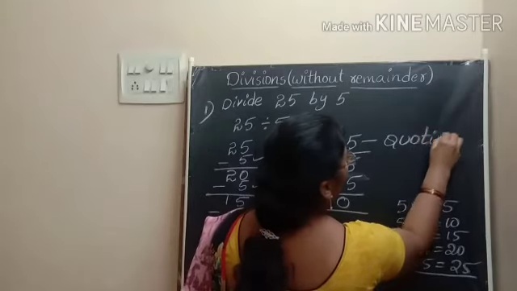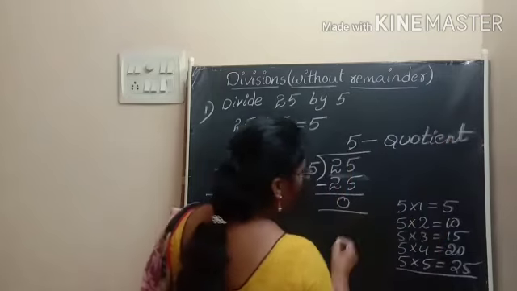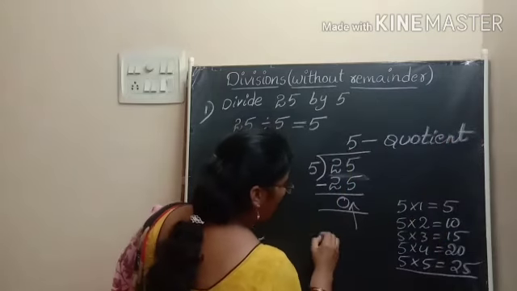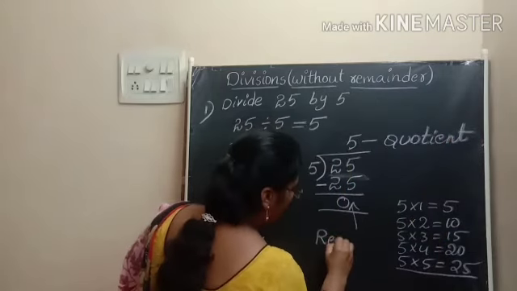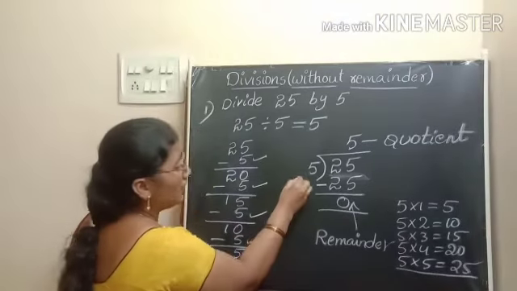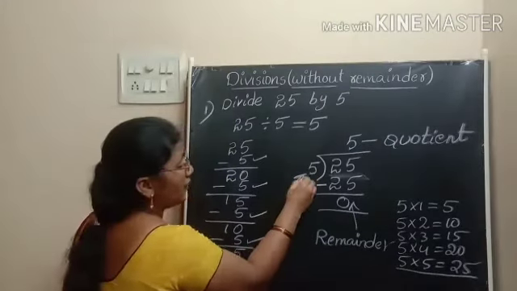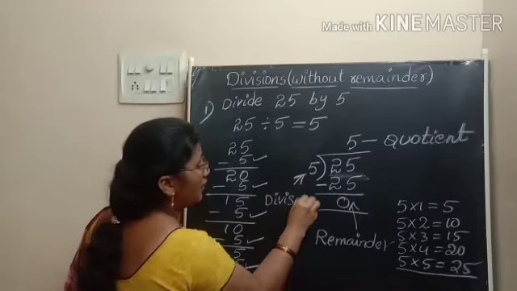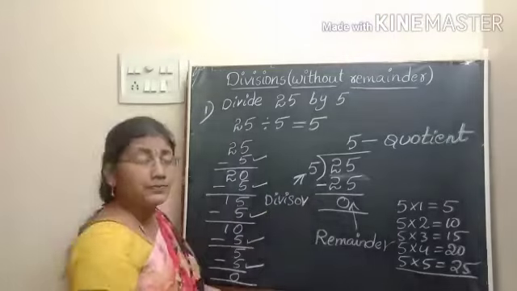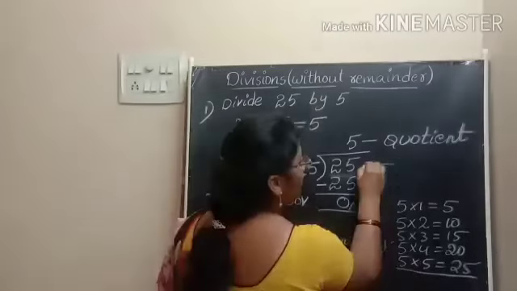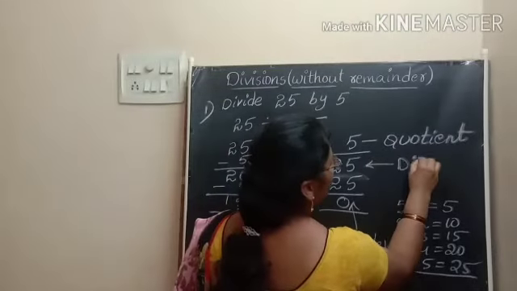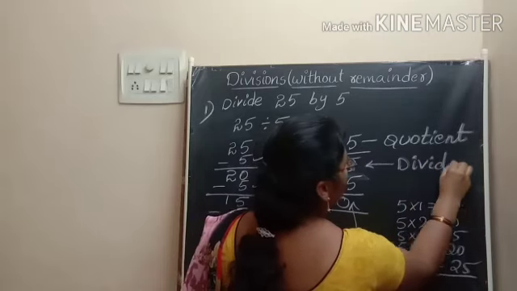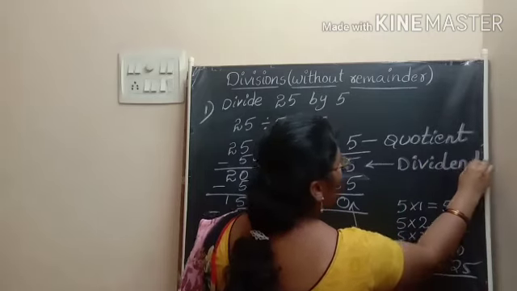And this 0 is called remainder. And already we know that this 5 is called divisor, and this number is called dividend.